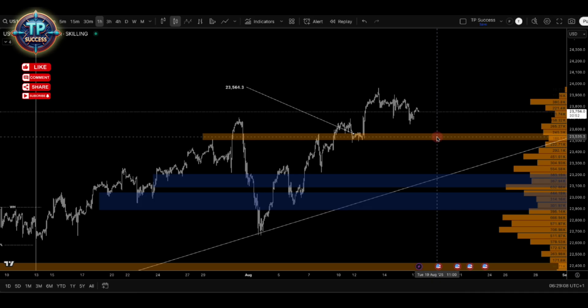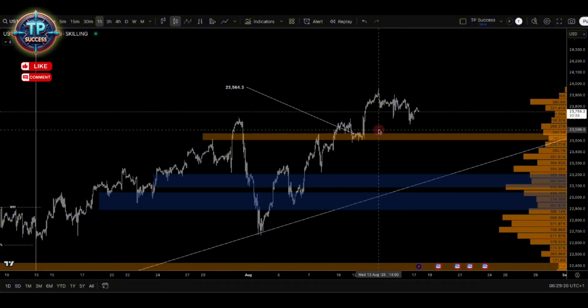I think it's easier to remember, and a lot of the time price likes to move to rounded numbers anyway, so it's not entirely wrong. Where's 560? Yes, right here, just on top of the low volume node.